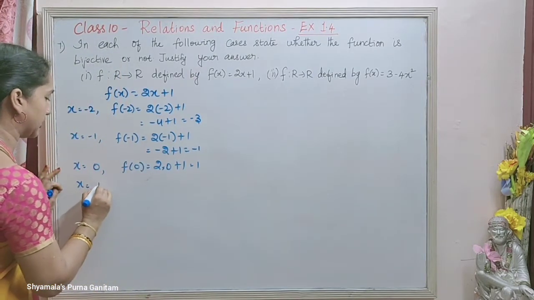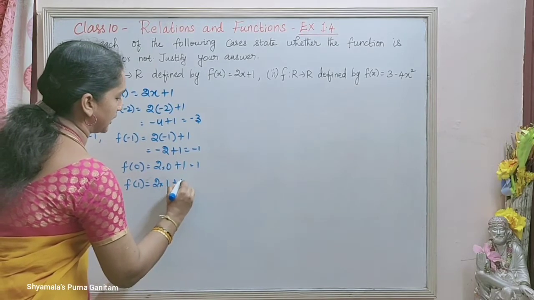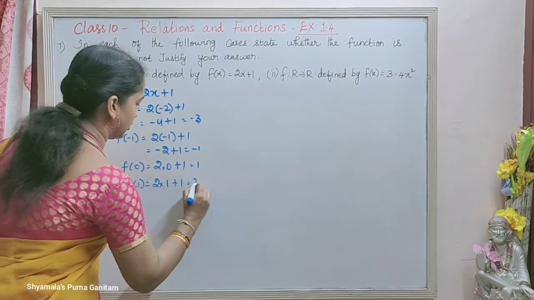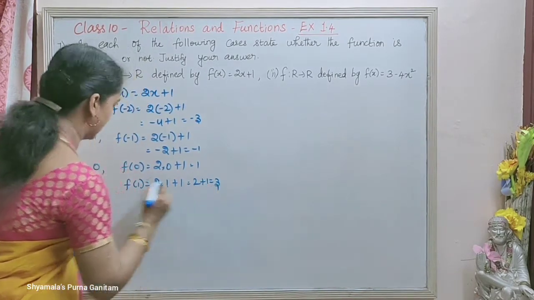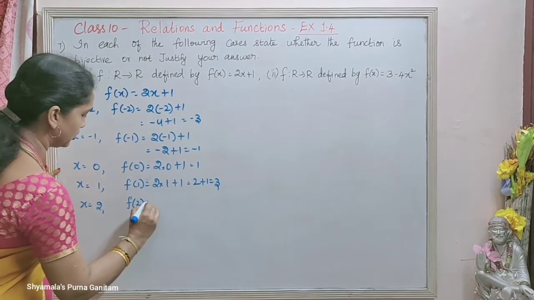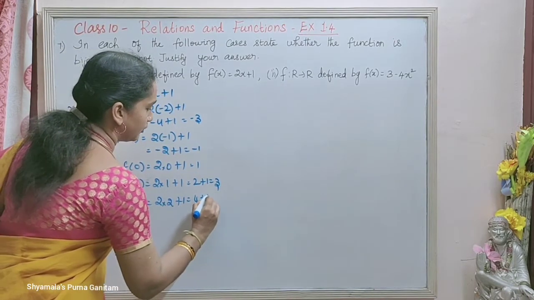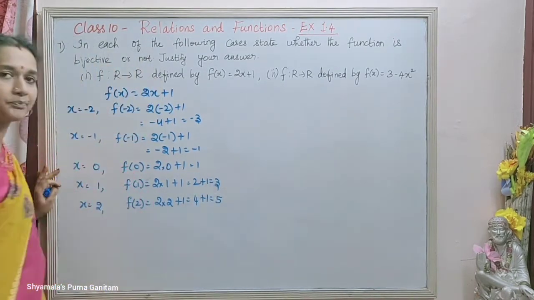Then x is equal to 1, f of 1 is equal to 2 into 1 plus 1, that is 2 plus 1, that is 3. Then x is equal to 2 means f of 2 is equal to 2 into 2 plus 1, so that is 4 plus 1, 5.